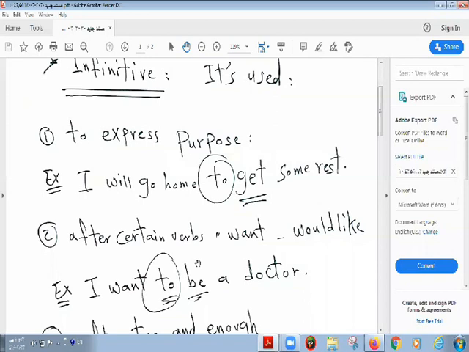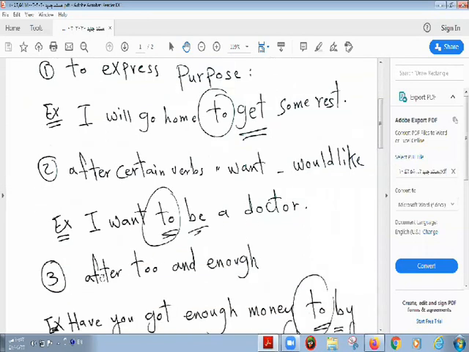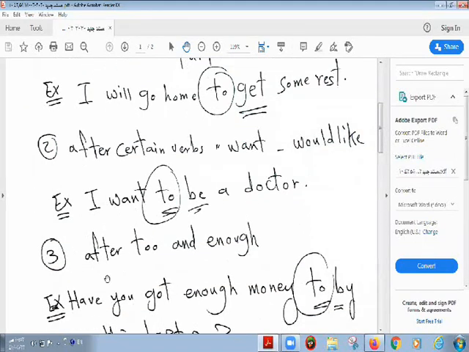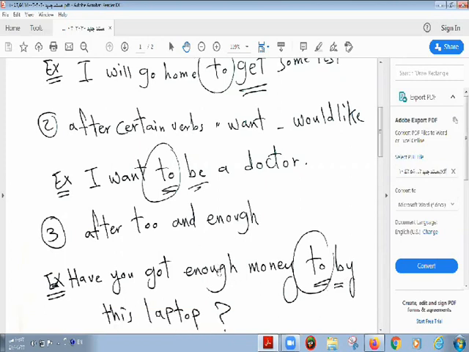Number three, we use the infinitive form after to and enough. For example, have you got enough money to buy this laptop?